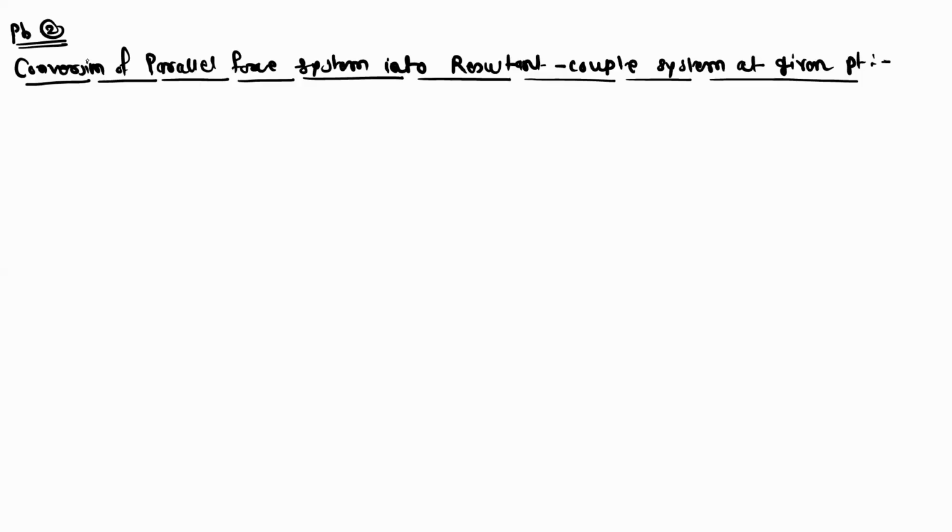So the next type of problem in Varignon's theorem is the conversion of a parallel force system into a resultant coupled system at a given point. So suppose we have one parallel force system where the forces are acting on the beam ABCD.